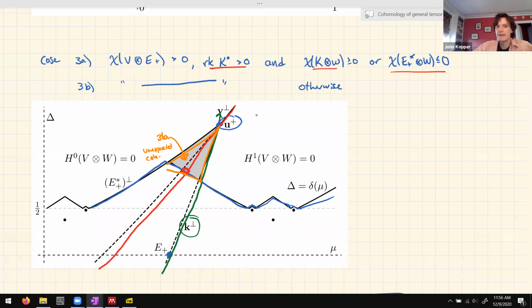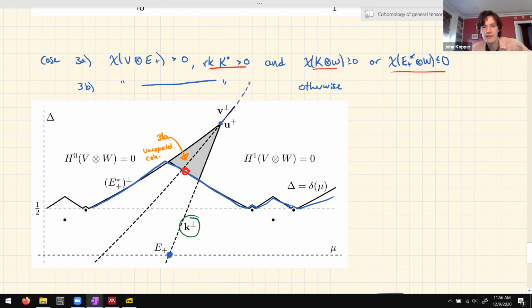And what's remarkable about that point is what our theorem is saying. It's getting a little messy. Let me erase some stuff. So I'm talking about this point here, the U plus. What our theorem is saying is that maybe up to scaling, if I proceed along the orthogonal parabola to V in this way, I have expected cohomology. However, if I proceed along it this way, I have unexpected cohomology.